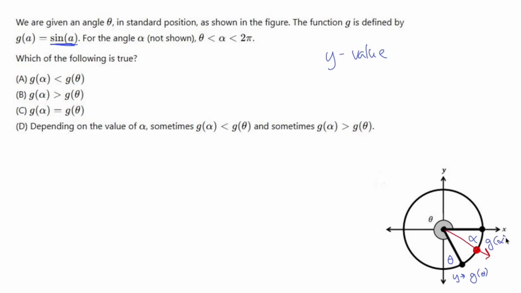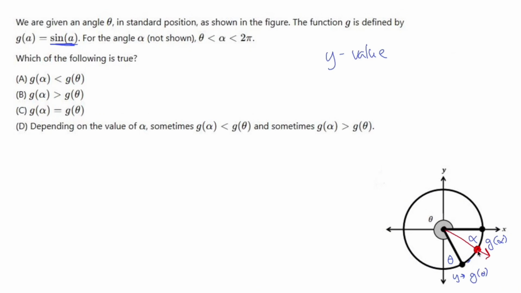the y value is going to be g of alpha. What happens here is if we're looking at y values again, no matter where I put this dot, and let's see if it'll let me move it. Will it? No, it won't. Let me try this button. There we are, all right.